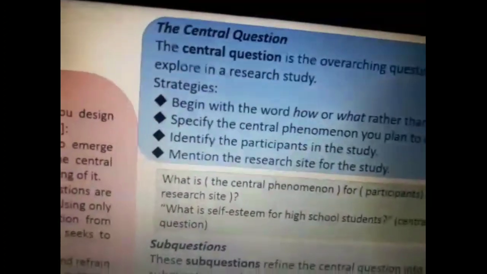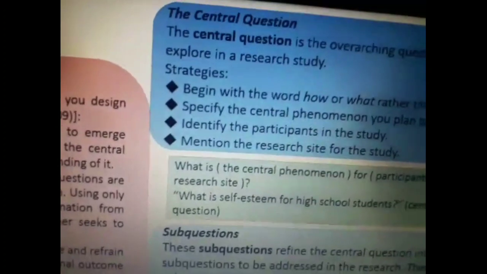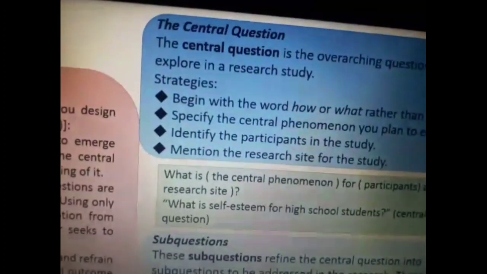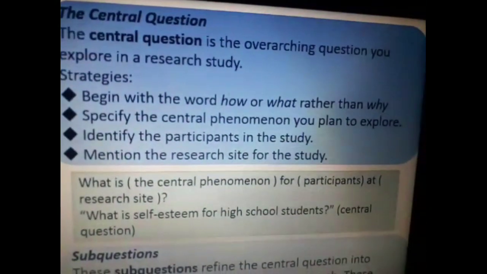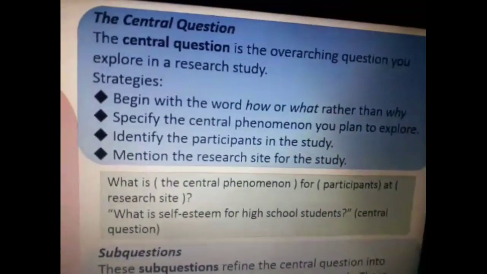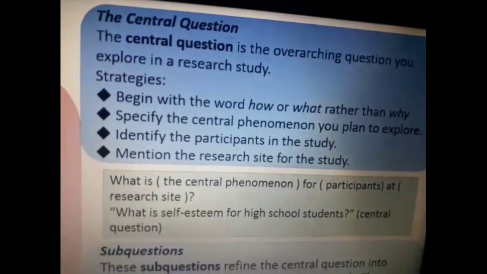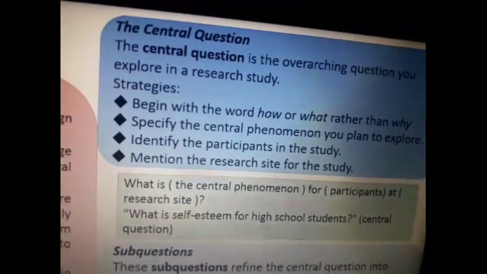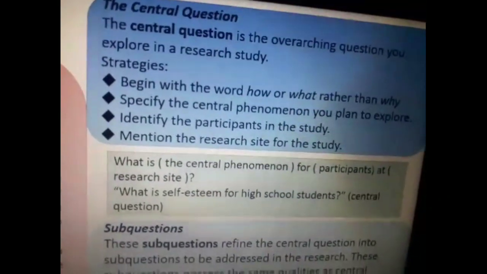The strategies are: first, begin with the word how or what rather than why. Second, specify the central phenomenon you plan to explore. Third, identify the participants in the study. And fourth, mention the research site for the study.